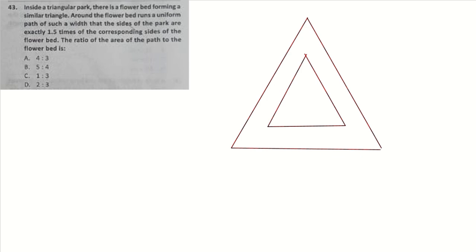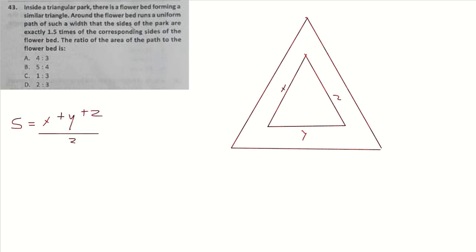Now for the area, there is a formula: root of s into s minus a, s minus b, s minus c, where s is equal to the sum of all sides upon 2. So s of the flower bed, with sides x, y, z, is x plus y plus z upon 2.